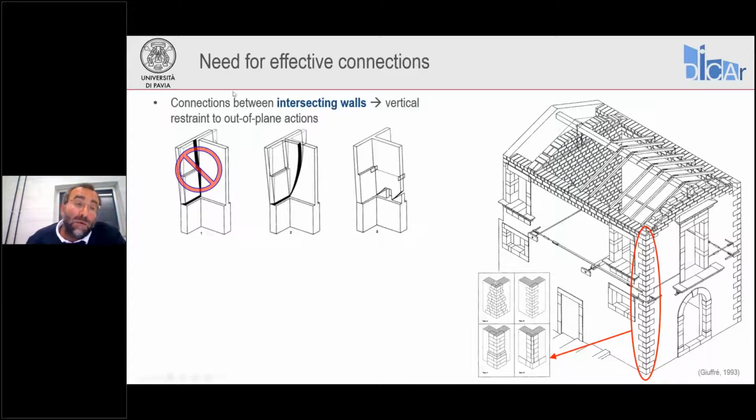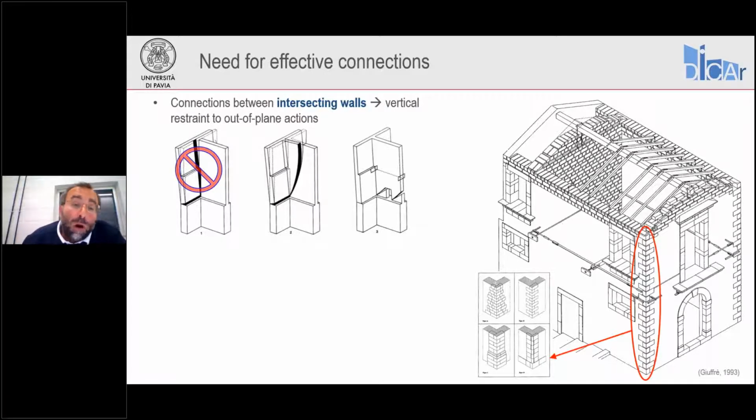And if this happens, you see, we can avoid the mechanism of simple overturning shown at the top left, and we can activate the one in the center, where the wall tries to rotate out of plane and is also involving in this rotation a wedge of the transverse wall.